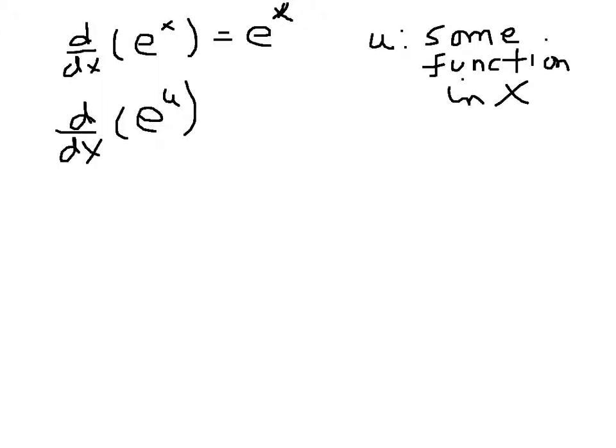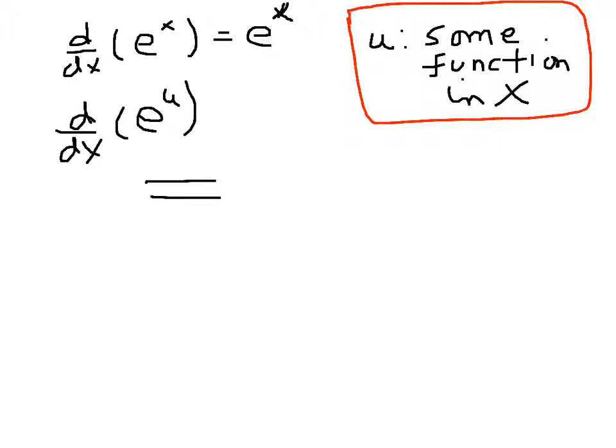And that will be consistent throughout all of our work coming up. So whenever you see u, think of it as a function in x. u could be x squared, u could be sine of x, u could be any function described in terms of x. And so this is equal to, using the chain rule, just e to the u times du dx.